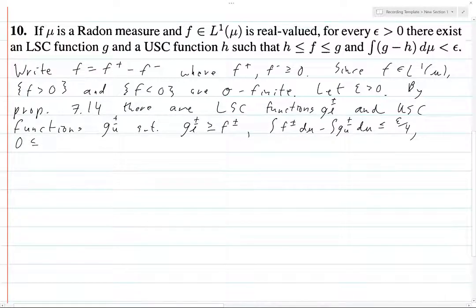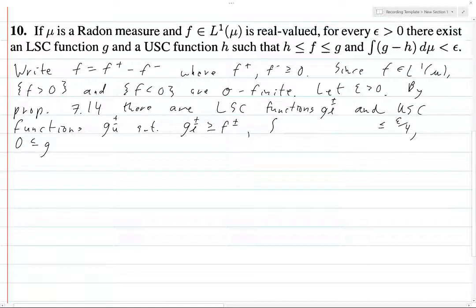And then what about the integrals? Wait, this should be in GL d mu. Do I have that in the right order? No, I do not have that. That's why I was wrong. It was because I was writing the wrong line.